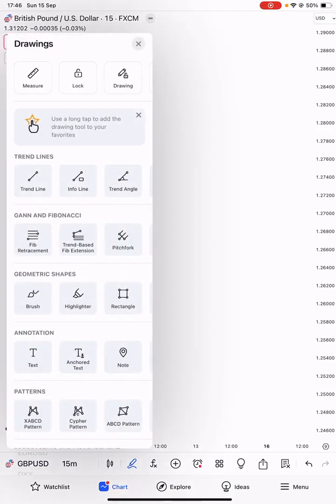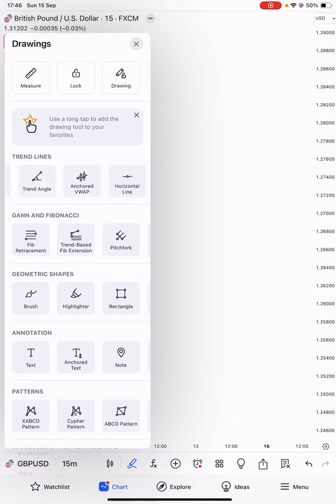So 1 a.m. model, what does it mean? Well, usually it works hand in hand with the Asia. So if you have a clear expectation for the daily candle, then look for Asia low or high. It will be easy. You can trade this model even if you don't have a clear bias for the day.